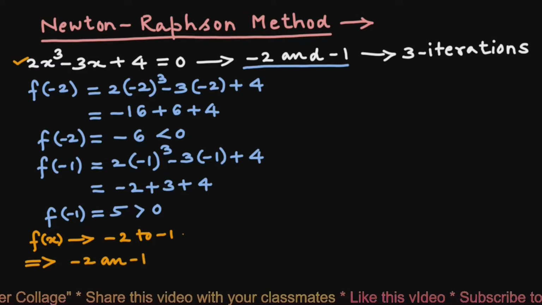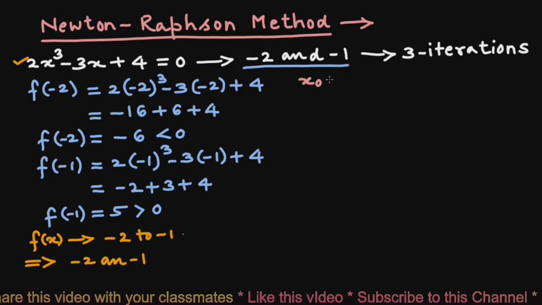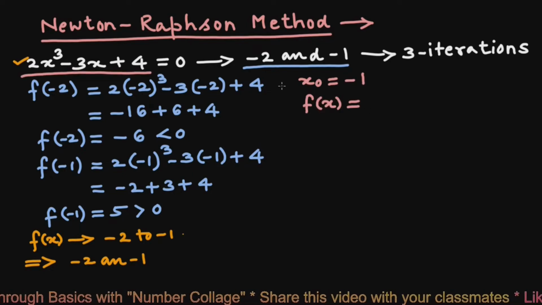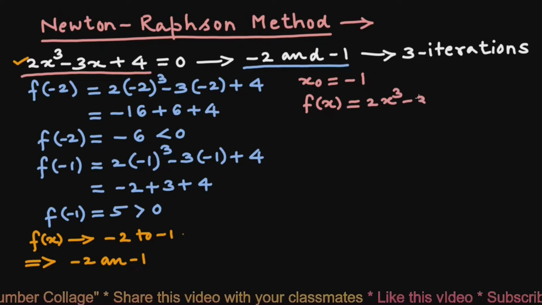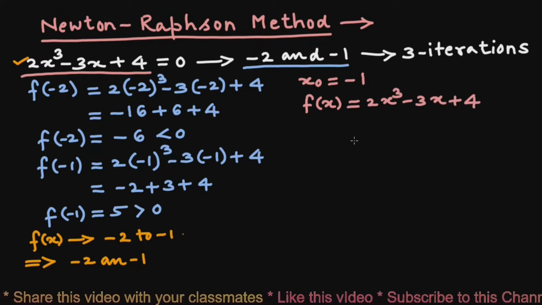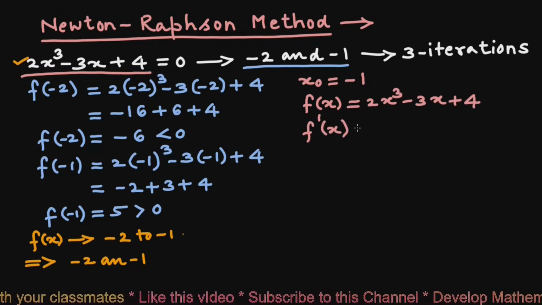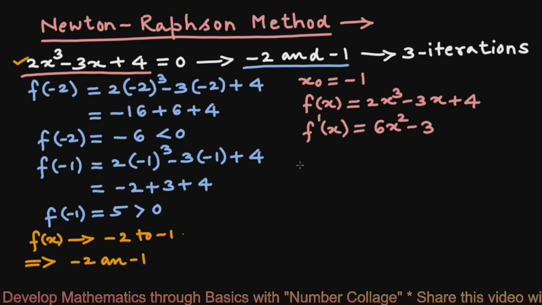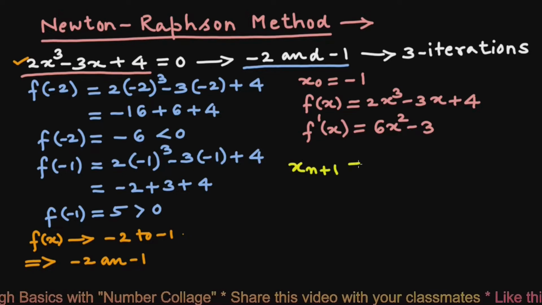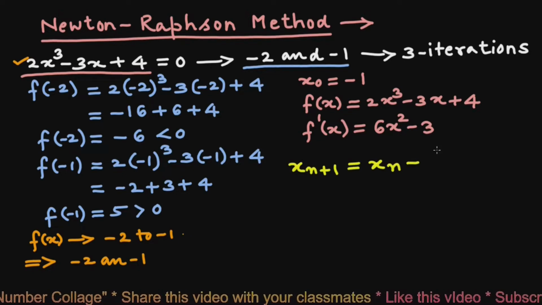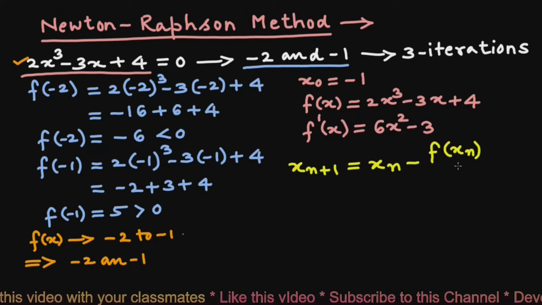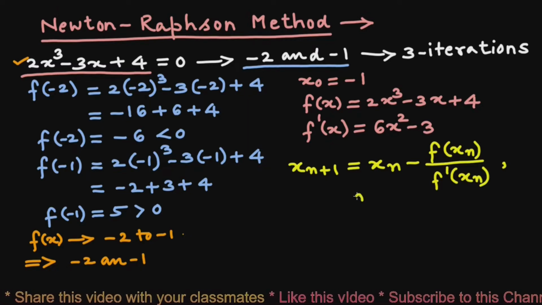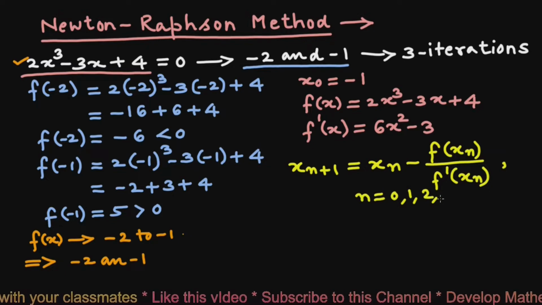We start with the initial root x0 equals minus 1. Now we have f(x) equals 2x cubed minus 3x plus 4, so f dash x will be 6x squared minus 3. We will use the formula x of n plus 1 equals xn minus f of xn upon f dash of xn, where n equals 0, 1, 2, 3, and so on.